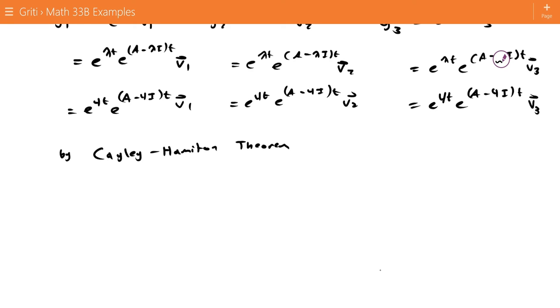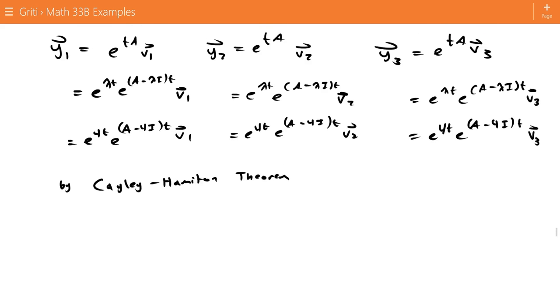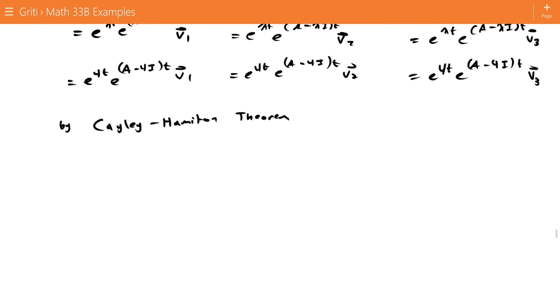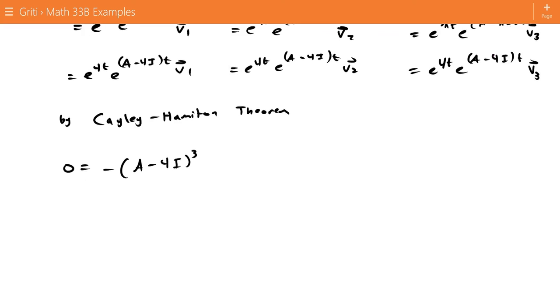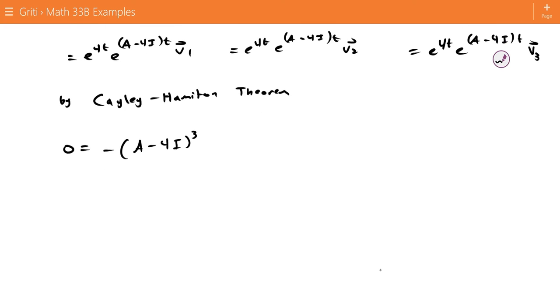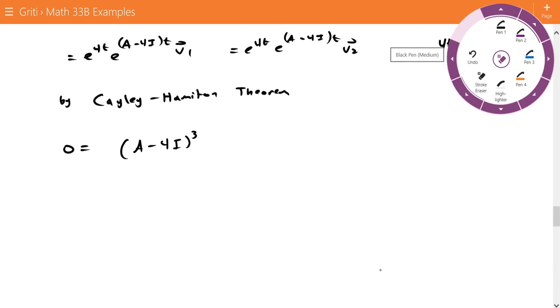By the Cayley-Hamilton theorem, we know that the matrix A must satisfy its characteristic polynomial, so (A minus 4I) to the third, times a negative if you want, has to equal 0. Or in other words, (A minus 4I) cubed equals 0.